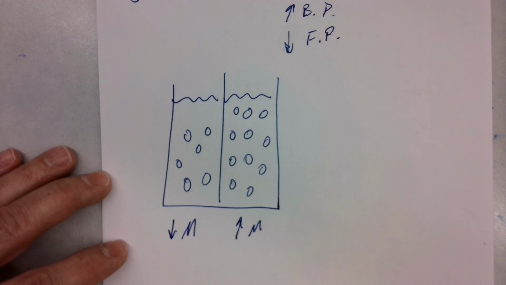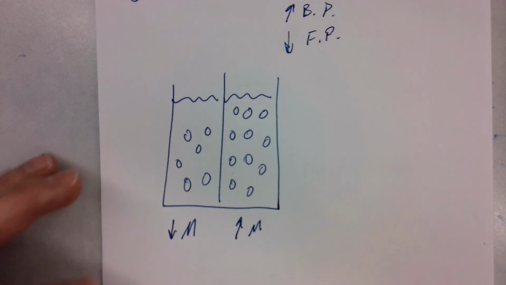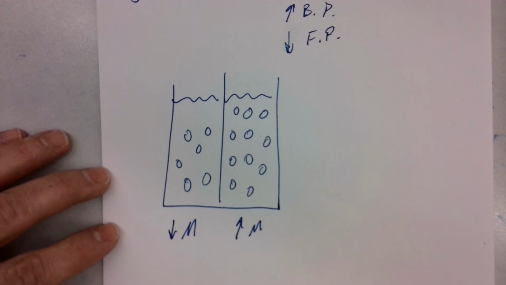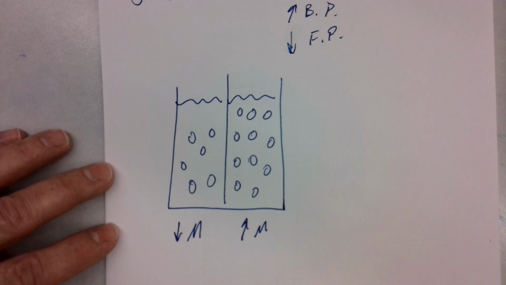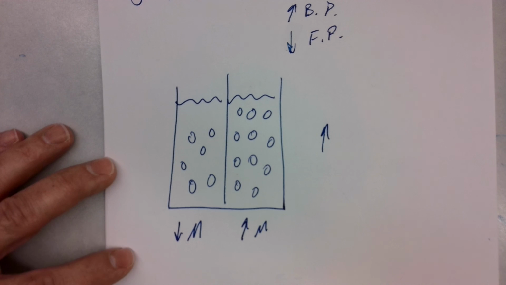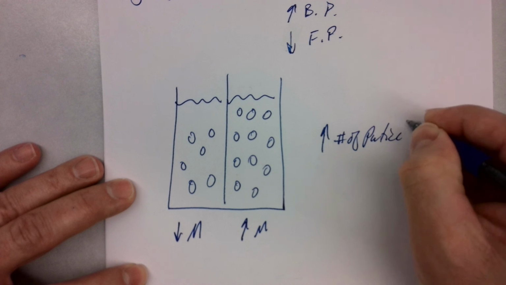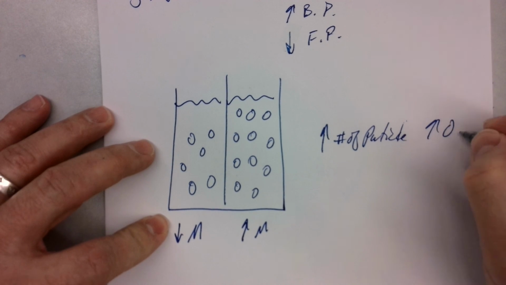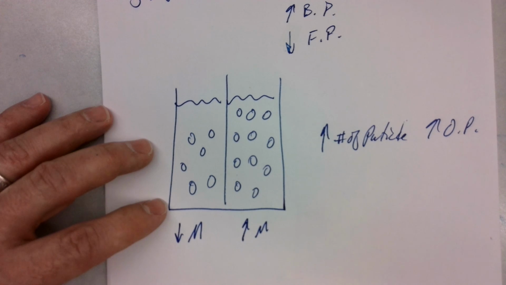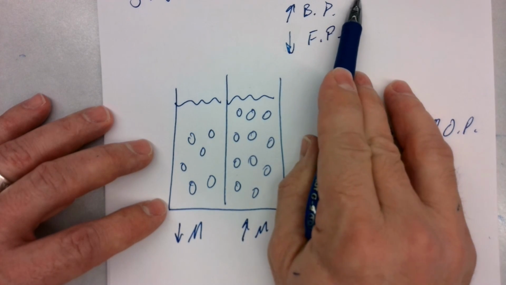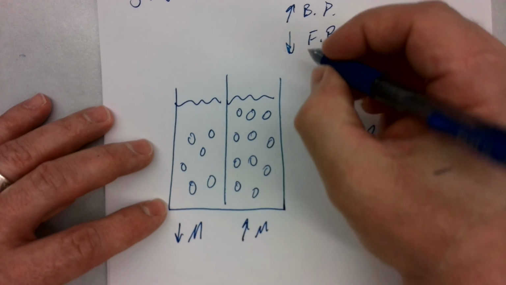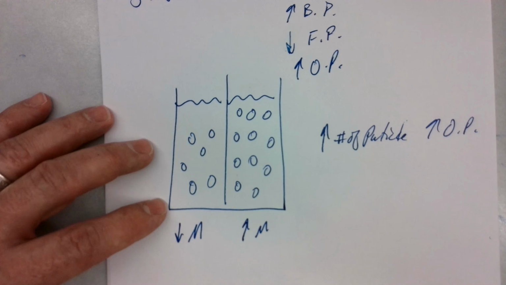When the increased pressure gets to a certain point, it prevents more water movement to further dilute the glucose solution. So the greater the number of particles, the greater the osmotic pressure. Again, this has 3 and that has 2, so this one is also going to have a higher osmotic pressure.